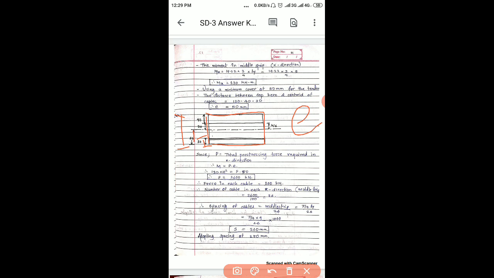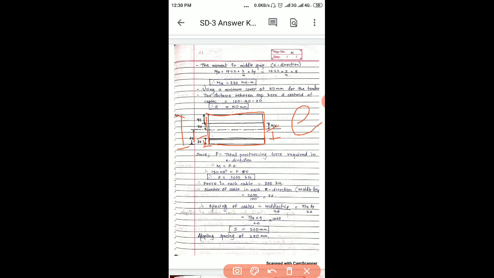Then h by 6 is the value for the core of the kernel. Just remember that part, where we are not allowing any tension, we'll keep the tension minimum in this zone.